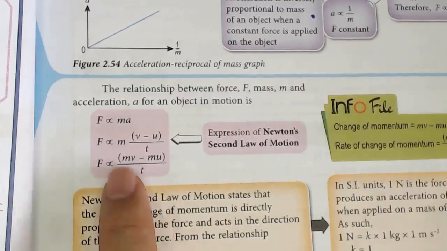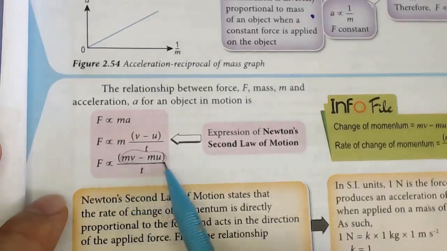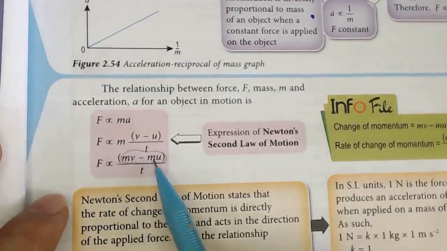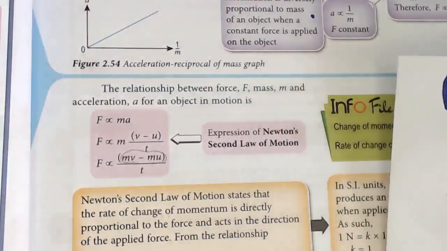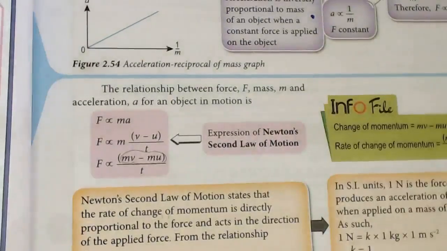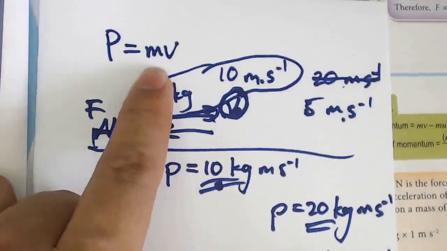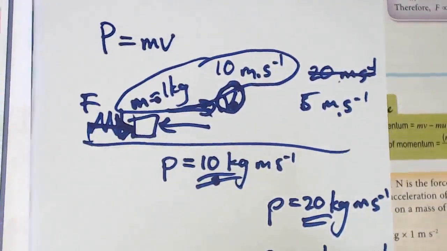So what is up there? Do you recognize something up there? mv, and also mu here. Mass multiplied by velocity is the formula for what? It is the formula for momentum. Mass multiplied by v is the formula for momentum.